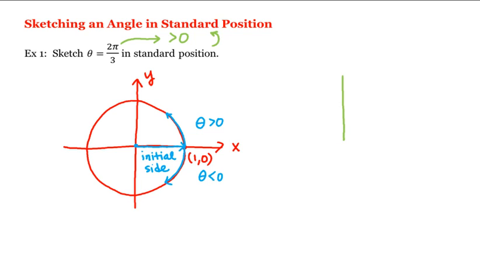Well, one complete rotation measures 2 pi radians. Because remember that the radian measure of an angle is defined as the length of the corresponding arc on the unit circle.